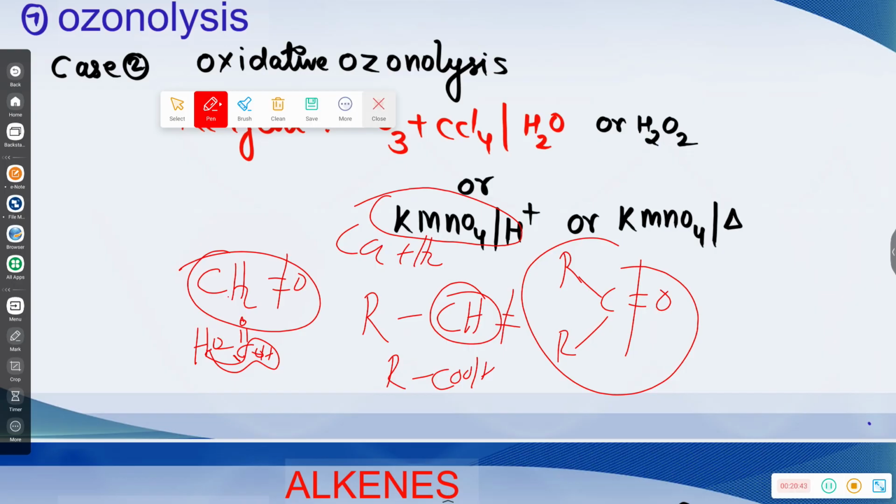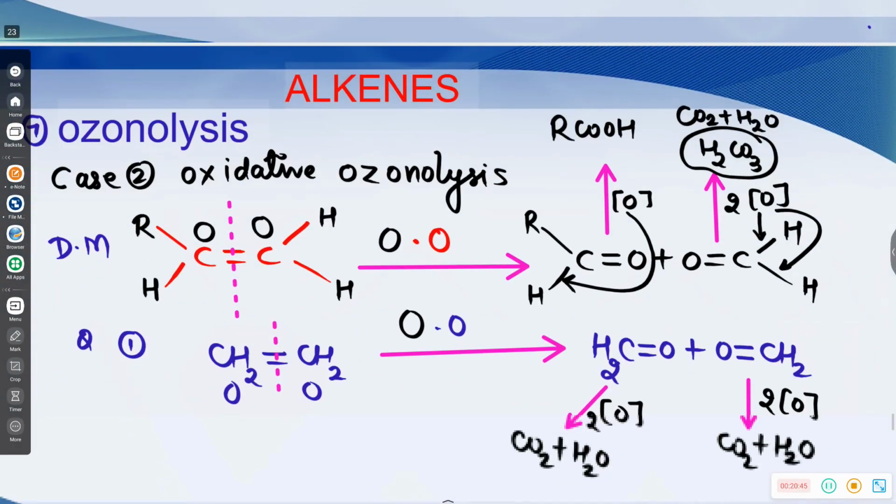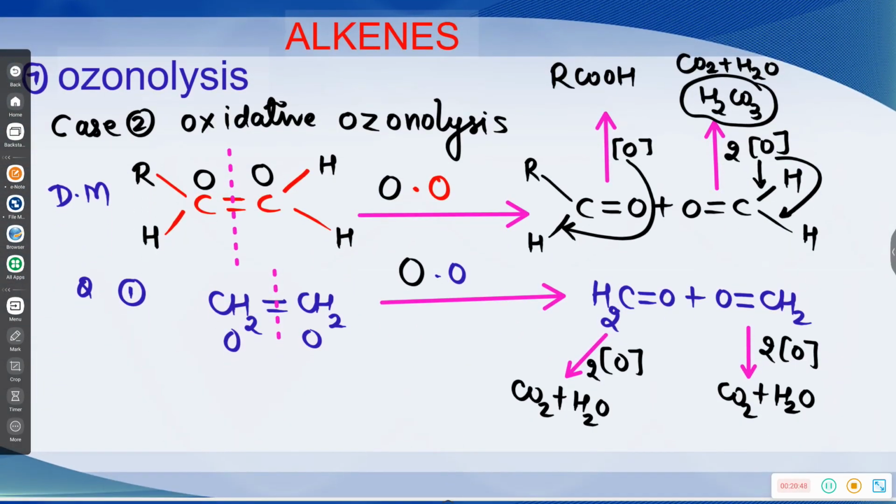So like that, here if you see, oxidative ozonolysis, this side CO2 and H2O. But here again H is there. Which type of fragment is this one? RCH double bond fragment, RCOOH will form. So normally you do ozonolysis. In reductive ozonolysis, wherever formaldehyde is forming, that is converted into CO2 and H2O in the oxidative one.